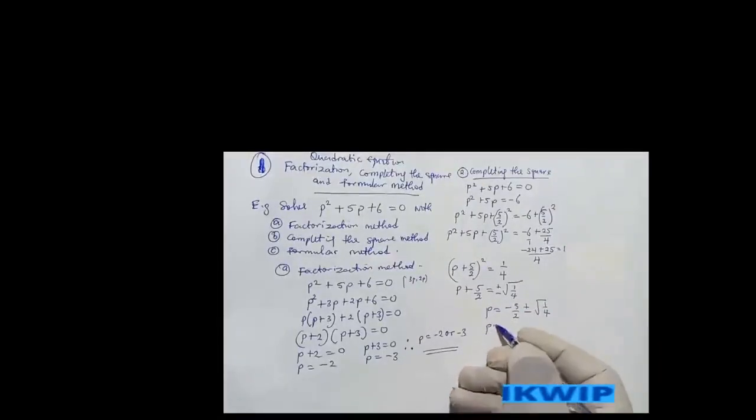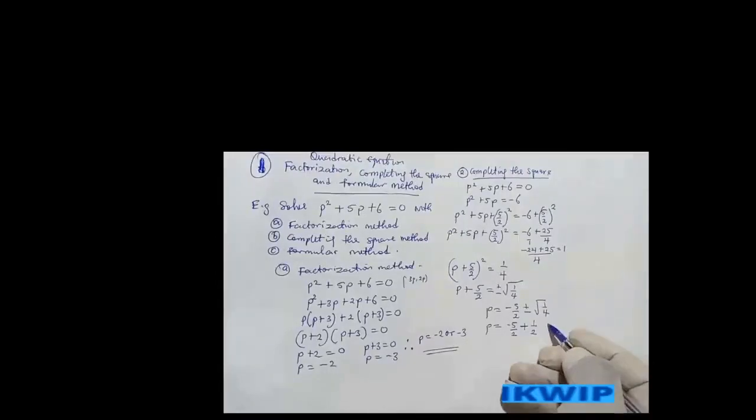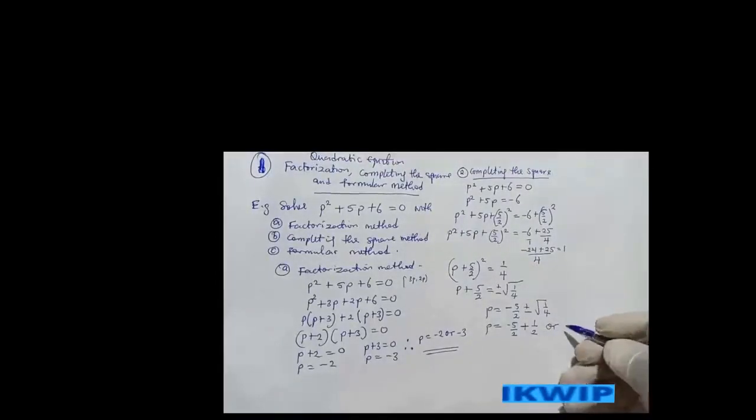So I have p equals minus 5 over 2 plus or minus the square root of 1 is 1, the square root of 4 is 2. So it's plus 1 over 2 or minus 5 over 2 minus 1 over 2.